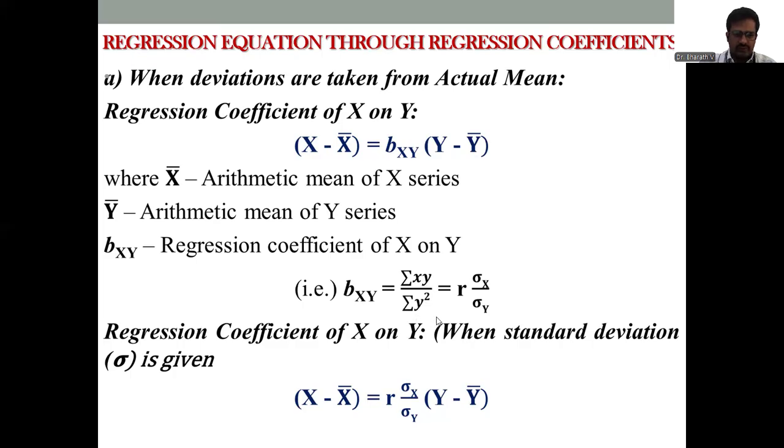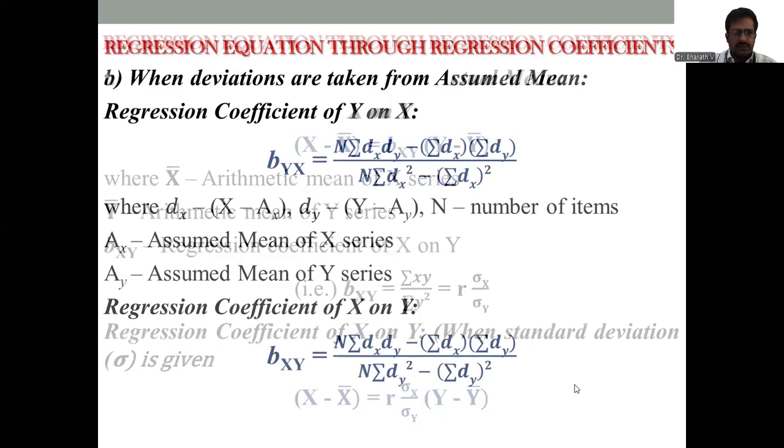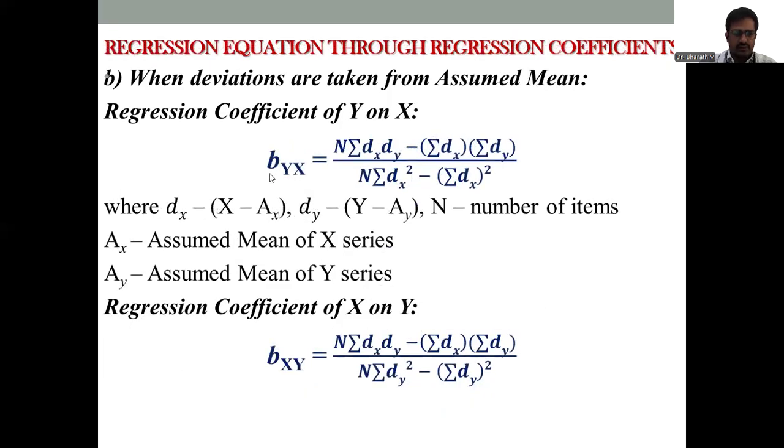When the standard deviations are given, b xy equals r, the correlation, multiplied by the standard deviation of x divided by the standard deviation of y. When we use an assumed mean, we need to calculate the b values with the corresponding equations for b yx and b xy.